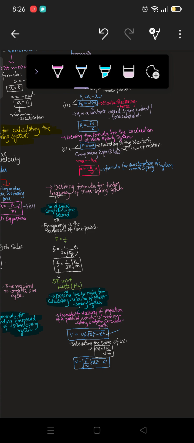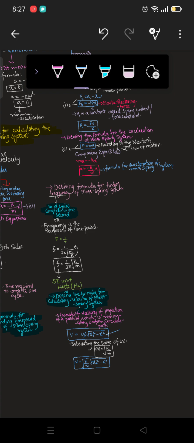But here we cannot say x naught is the radius, since we are not talking about a circle, we are talking about a mass spring system. So this x naught is actually the amplitude. And what is amplitude? It is the maximum displacement from the mean position to the extreme position, and x is simply the displacement from any point you consider.